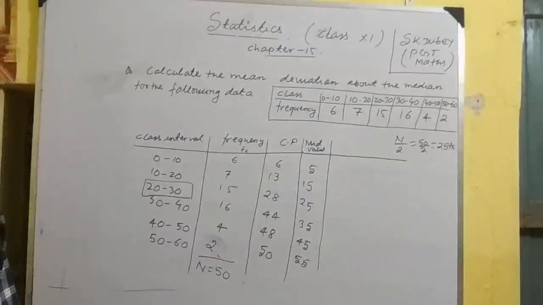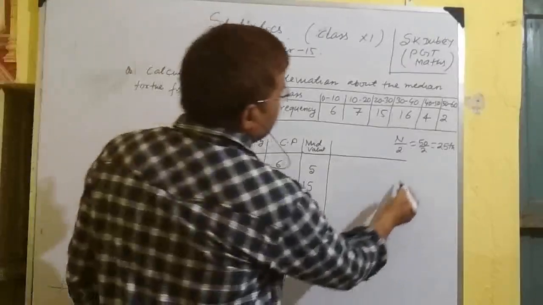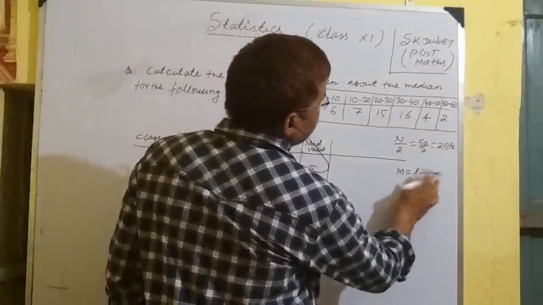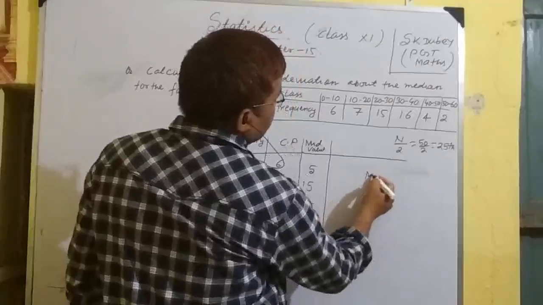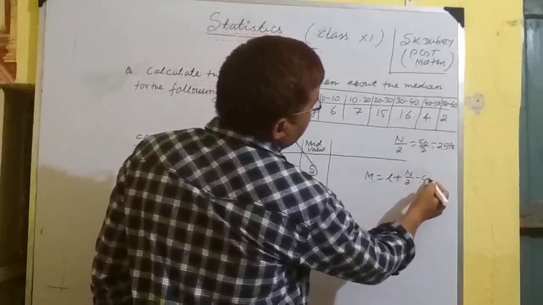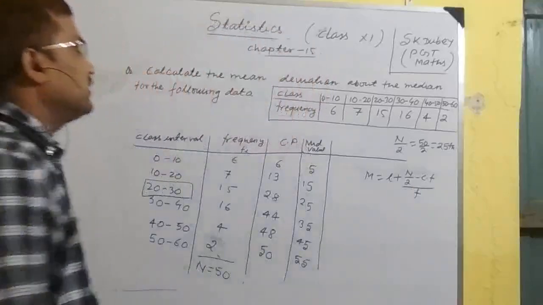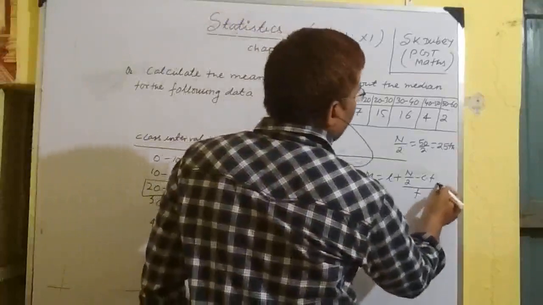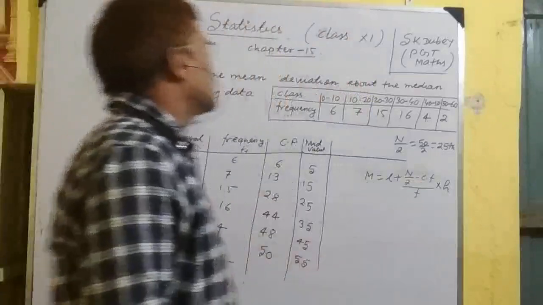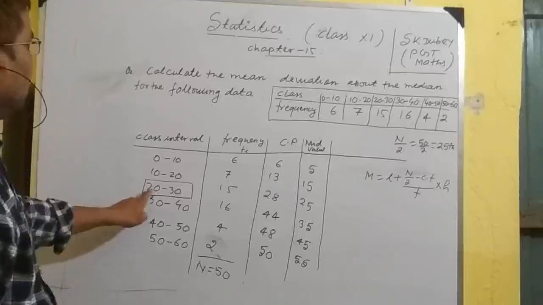In order to find the median, we will use the formula: median is equal to L plus n by 2 minus cumulative frequency divided by the frequency of the median class, into the width of the class interval, where Cf is the cumulative frequency of the class interval preceding the median class.